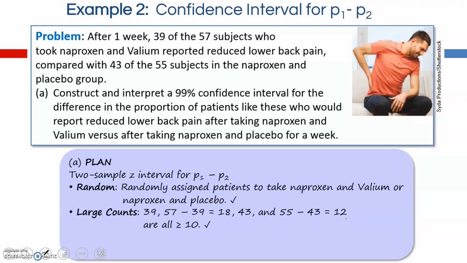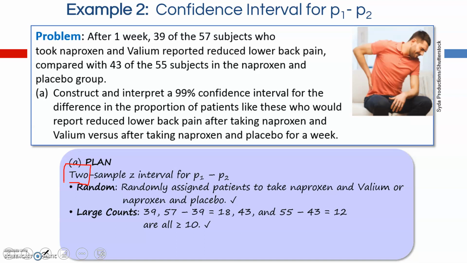Our plan is a 2-sample z interval for p sub 1 minus p sub 2. In Chapter 9, we looked at 1-sample z intervals for p. Now we're comparing two different proportions. All right, so the random condition is satisfied by randomly assigning patients to take either naproxen and Valium or naproxen and placebo. Notice we left the 10% condition off.